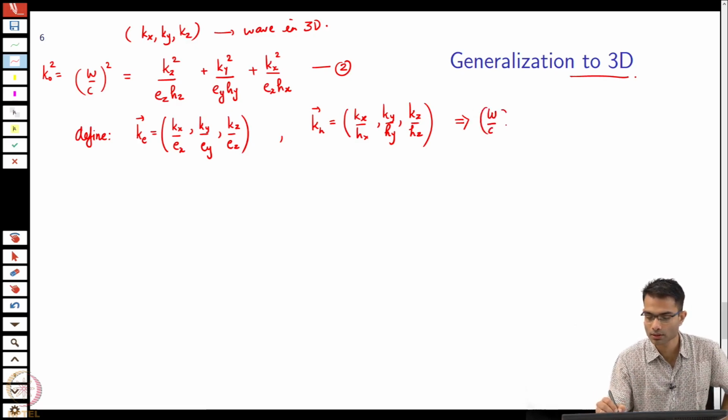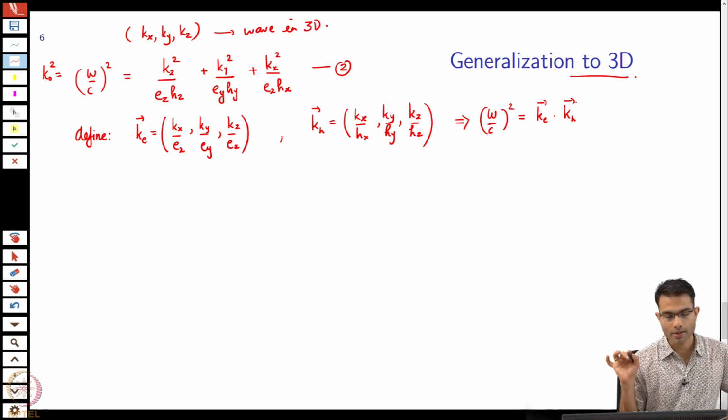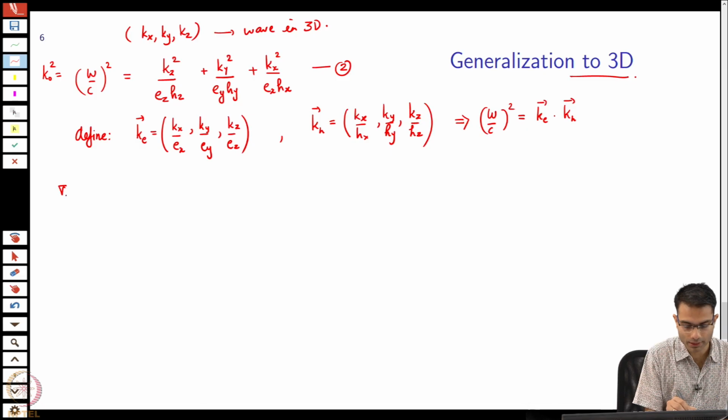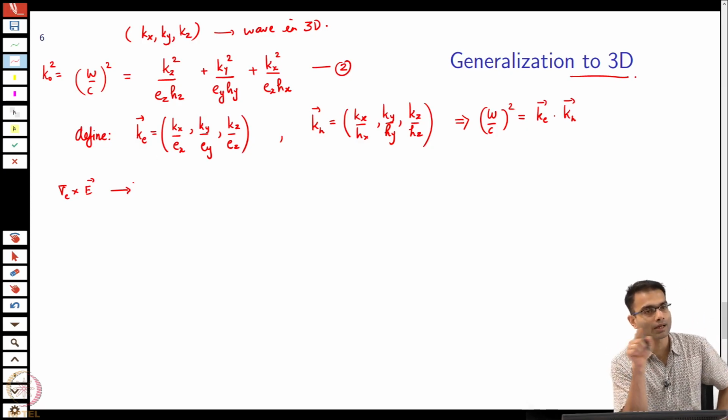So, omega by c whole squared now becomes Ke dot Kh, just a simplification. And the first equation, the curl of E: remember, when I have a plane wave, the curl gets replaced by jk vector.